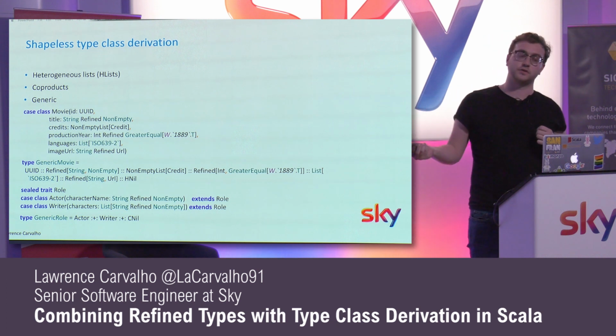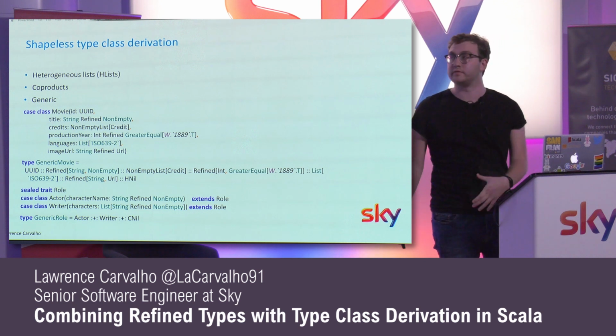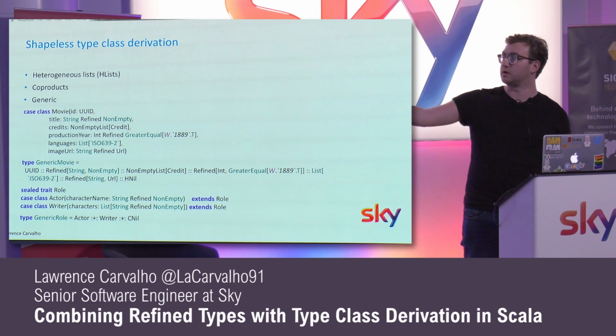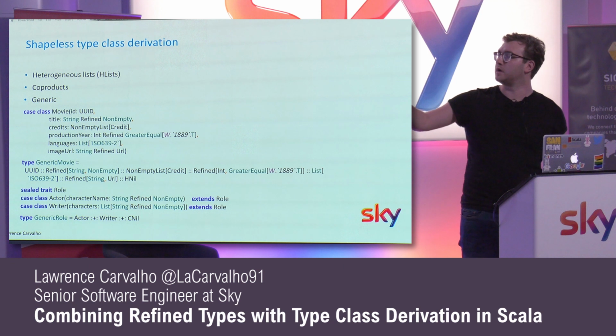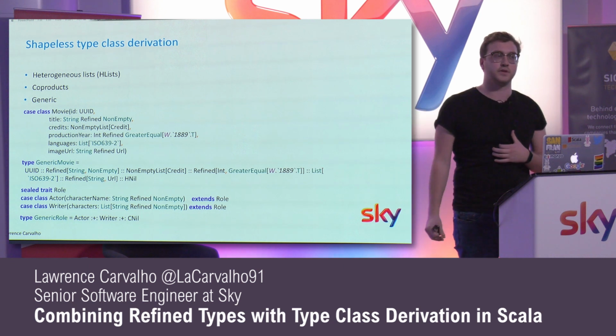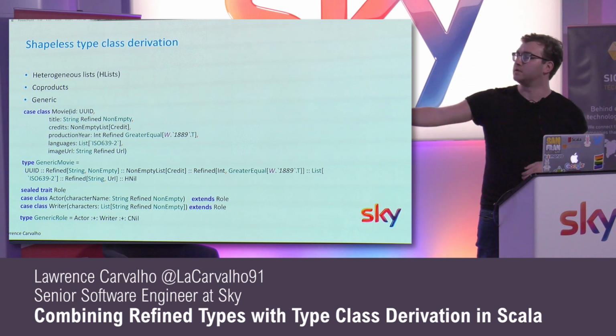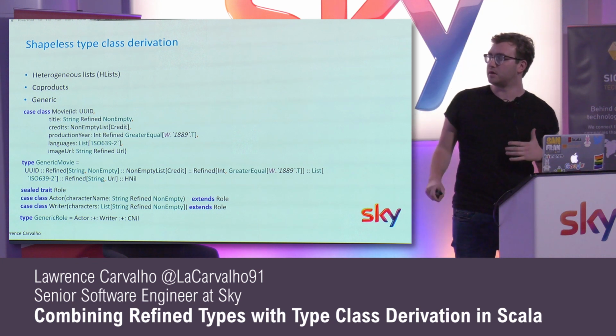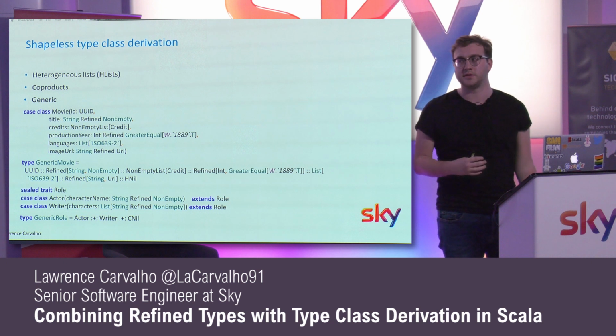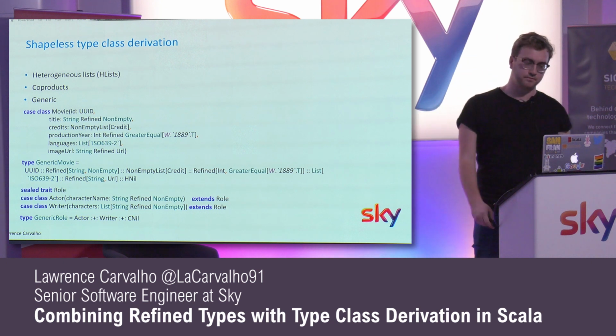And with a co-product, shapeless's generic encoding of a co-product is a shapeless co-product. And so an H list always ends in HNil. HNil represents an empty H list, and a co-product definition always ends in CNil, as you can see at the bottom.